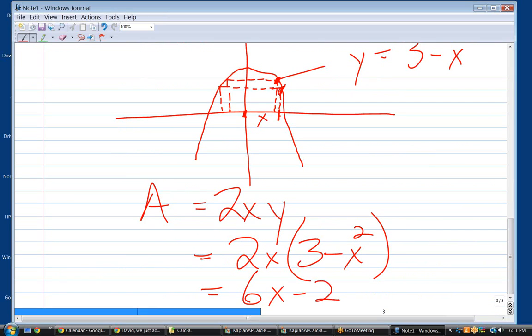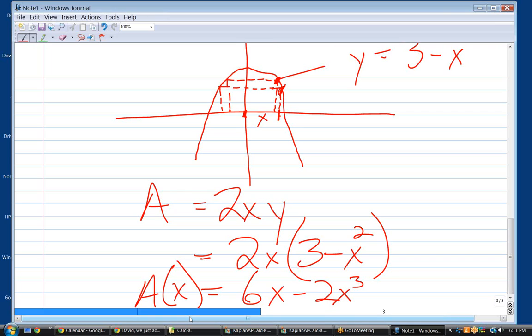But you would find the derivative. My area function as a function of x alone is 6x minus 2x cubed. If all you were dealing with was algebra, you wouldn't be able to find the vertex of this.